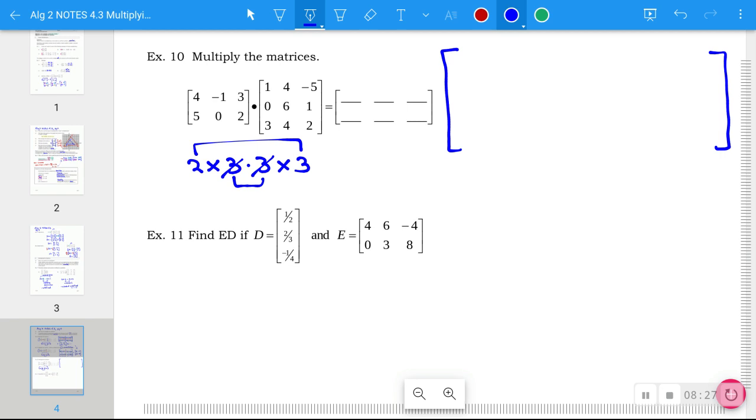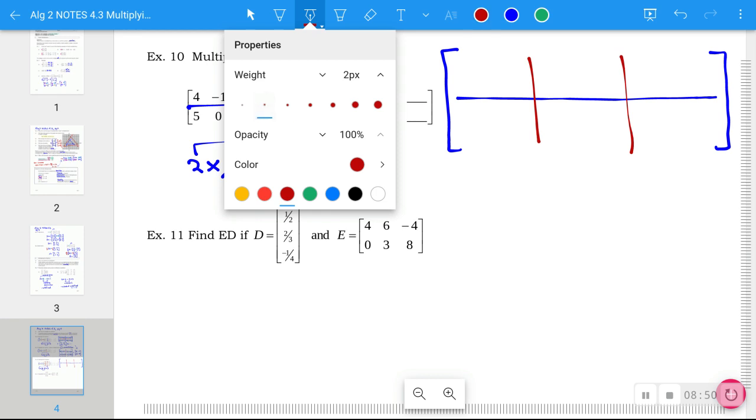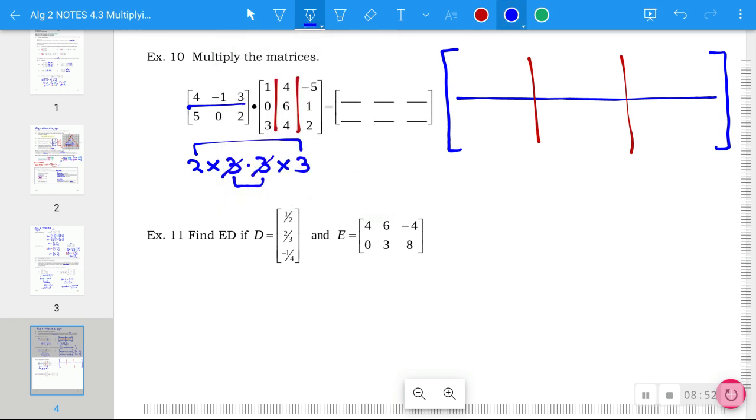And we're going to divide the rows first. And then we're going to divide the columns next. And I'll have to write really small here because I got to use 3 numbers, actually 6 numbers for each of those positions. So let me get a small size on my pen here. And it's 4, negative 1, 3 to start with.